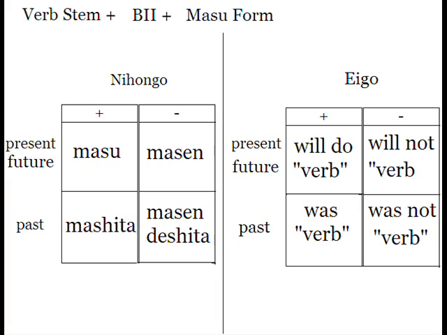I will not speak. Then we have hanashimasen deshita, which is I did not speak. So did not is the negative past form of the word. So this is how the masu box works. You add the ending to the sentence and you conjugate masu depending on what the verb is.